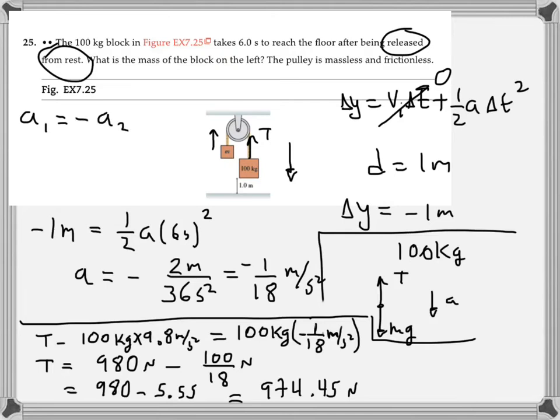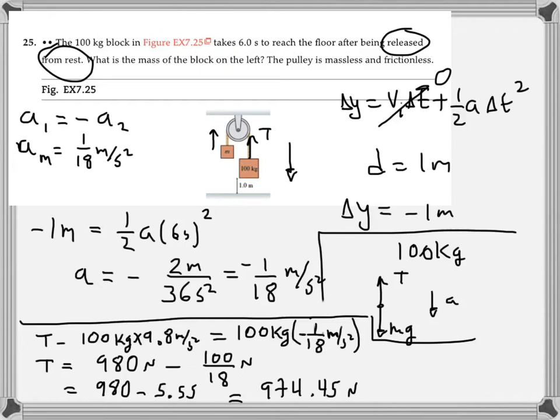This was discussed in the videos about Atwood's machine. So the acceleration of the lowercase m, we write it as a sub m, is going to be simply positive 1 over 18 meters per second squared.